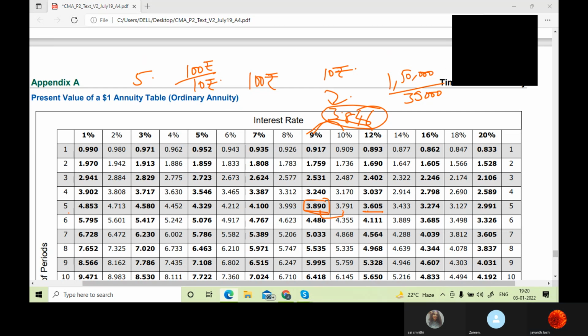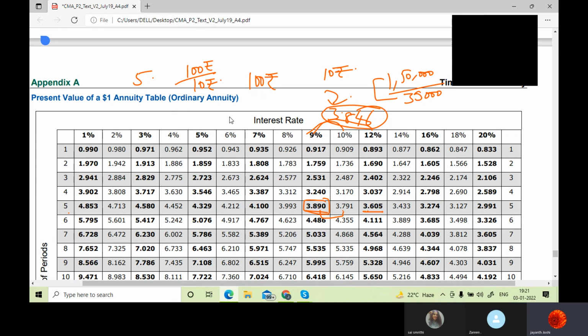Are you dividing this 1,50,000 by 39,000? How much did you get? 3.846. Yes, 3.846.